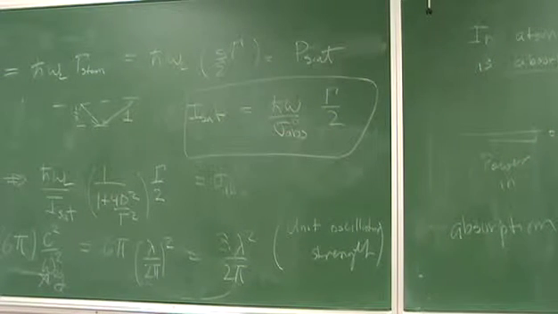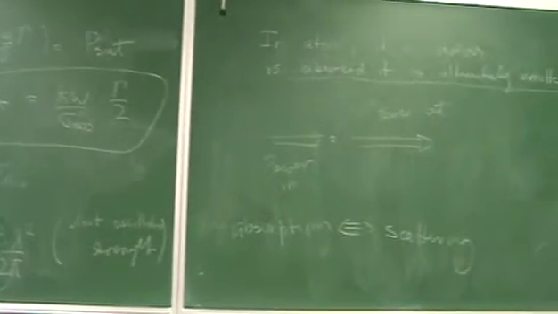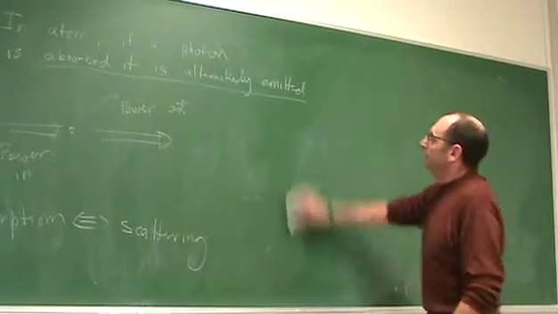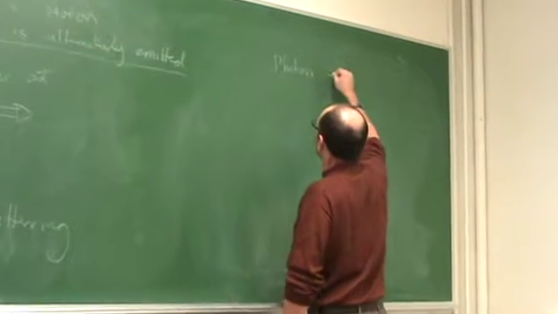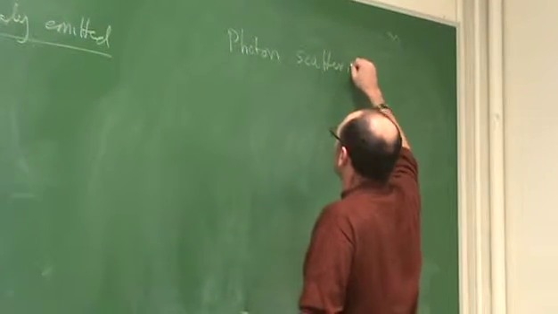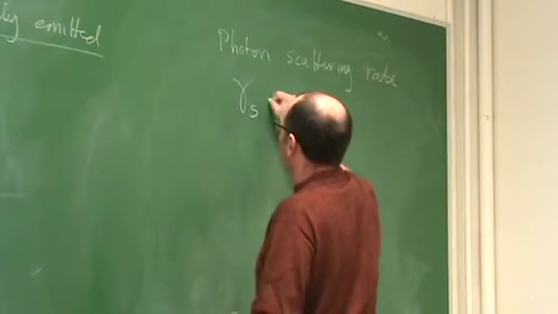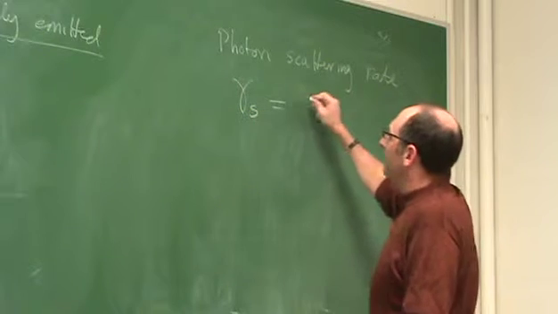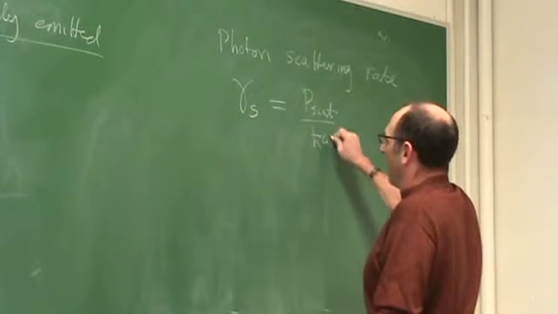And from this, I get the so-called photon scattering rate. The photon scattering rate, which I'll call little gamma sub s, is the scattered power per h bar omega.